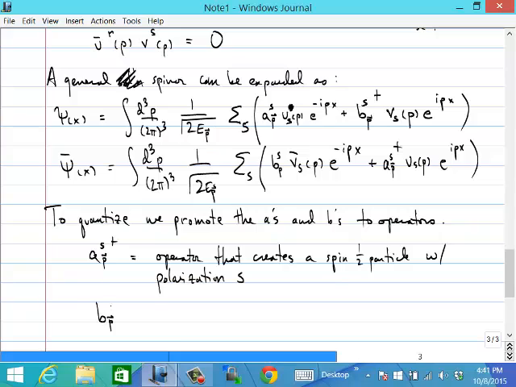And b_p^s creates a different type of spin 1/2 particle, and I'm going to give that a suggestive name. I'm going to call it an antiparticle, which also has spin s.